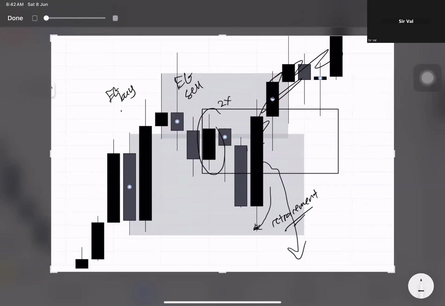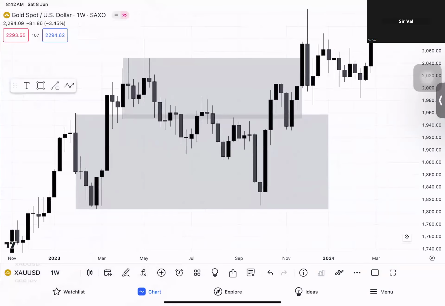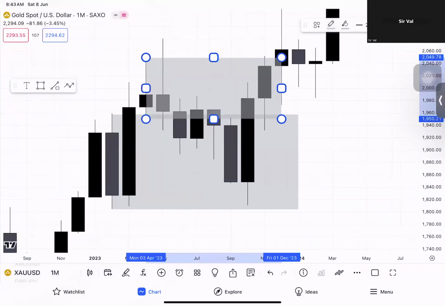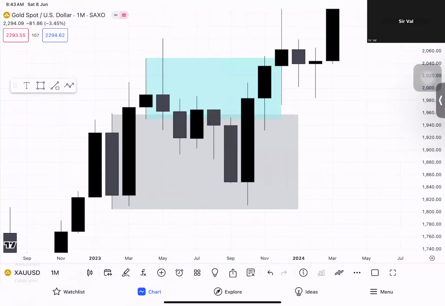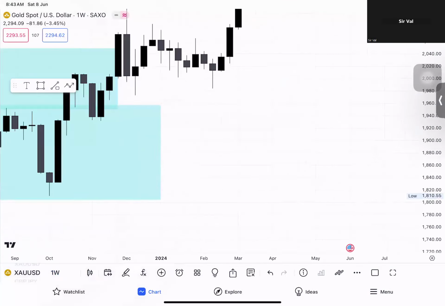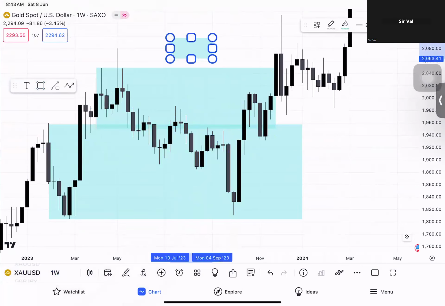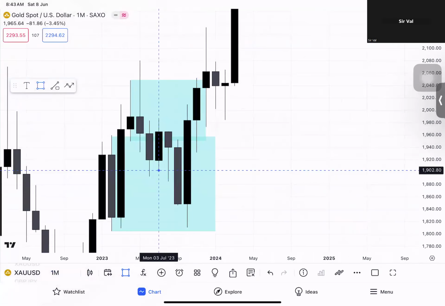But story inside story. Monthly, weekly has a story for monthly. Okay, this is for monthly, so we go into weekly. The new zone.